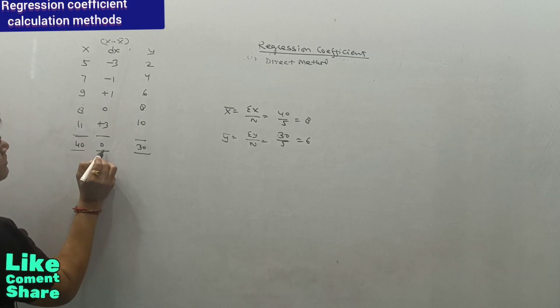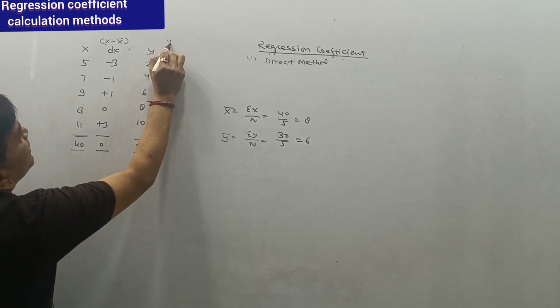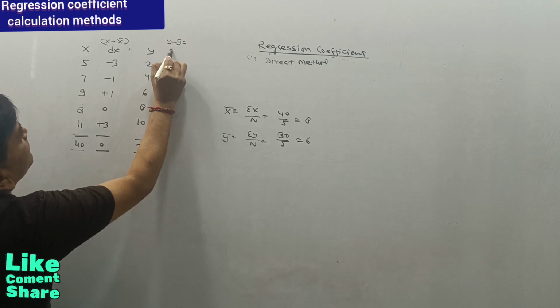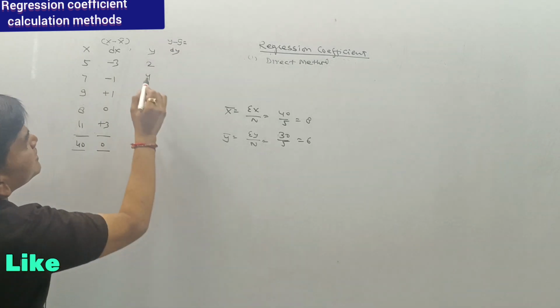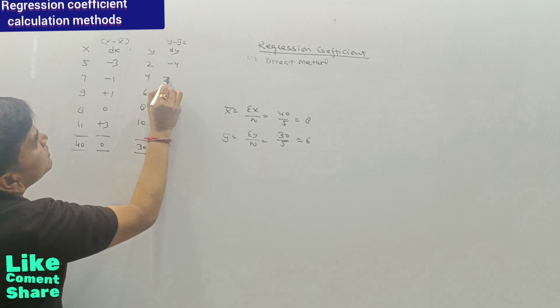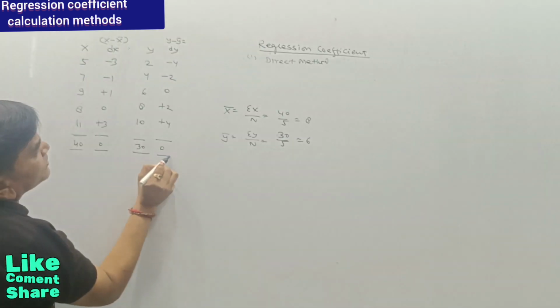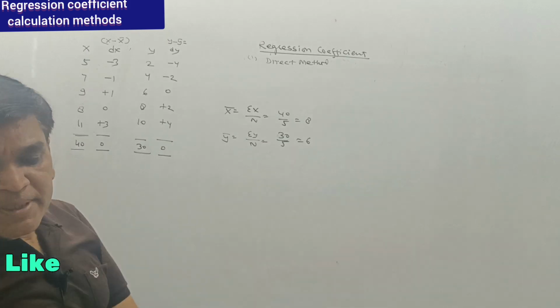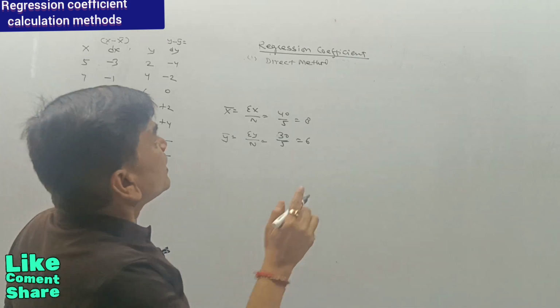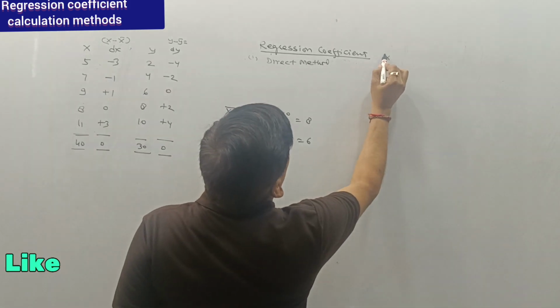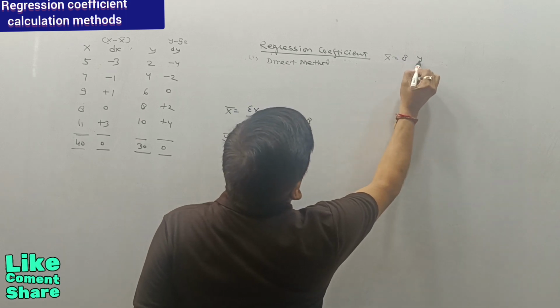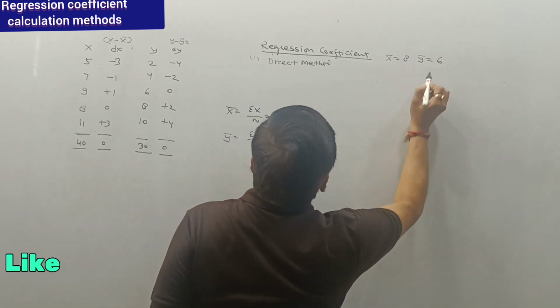The result is 0. Now y minus y bar is equal to dy. So 2 minus 6 is minus 4, minus 2, 0, plus 2 and plus 4. The result is 0. So x bar is equal to 8 and y bar is equal to 6, which we have already calculated.